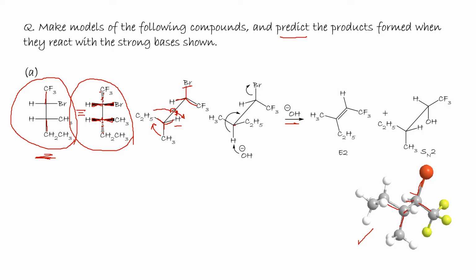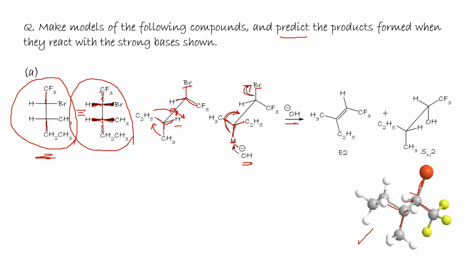Okay, here we have it. Now the hydrogen and Br are anti-coplanar. The base will attack the hydrogen, the two electrons move to form a double bond, and Br will be out.